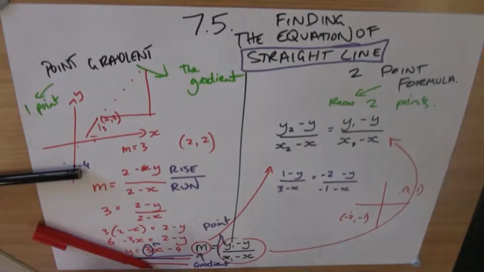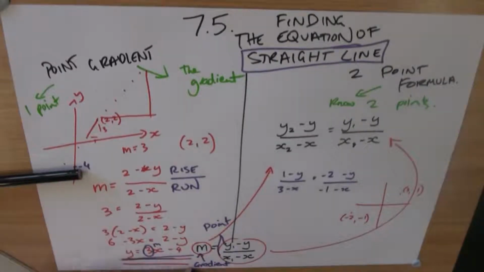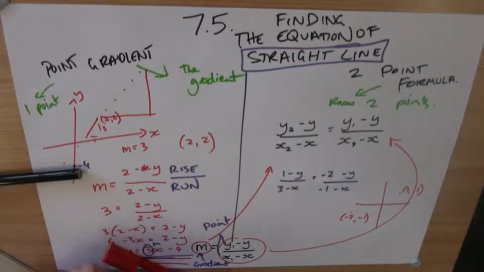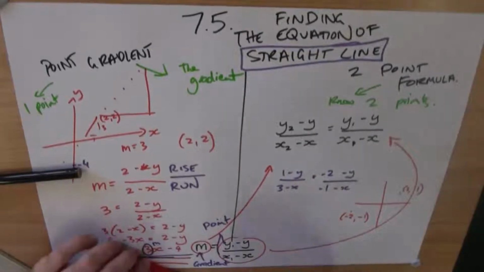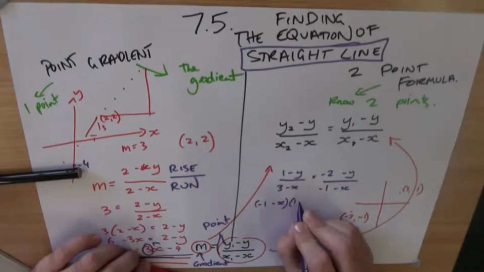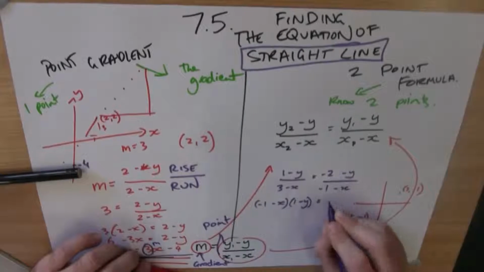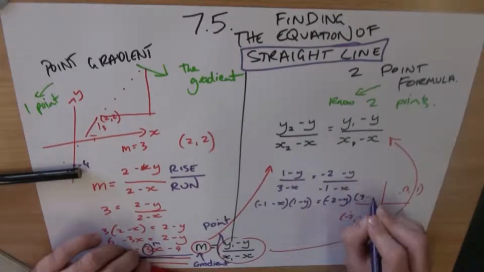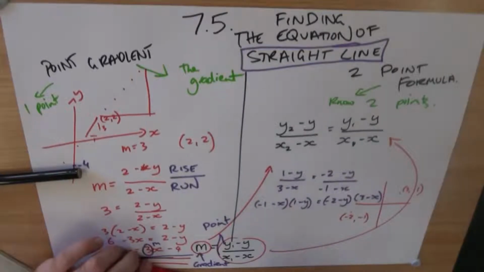Now I'm going to cross multiply this whole thing, which gives -1 minus x times 1 minus y, equals -2 minus y times 3 minus x.